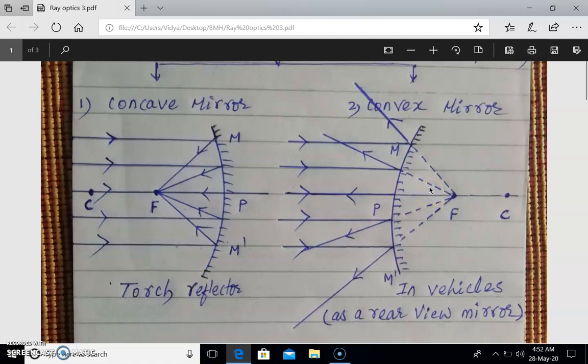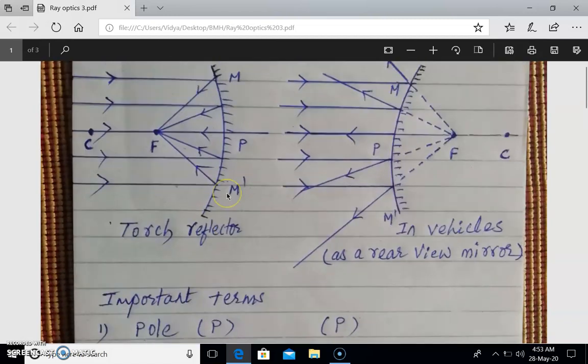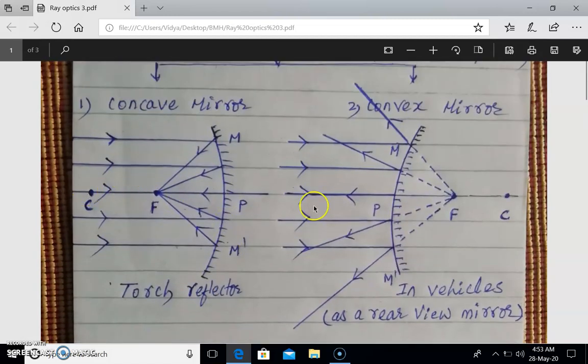The geometrical midpoint of a curved reflecting surface is called the pole of the mirror. Here the pole is at the center of these two mirrors, denoted by P. Center of curvature C. Here also the C is the center of curvature.